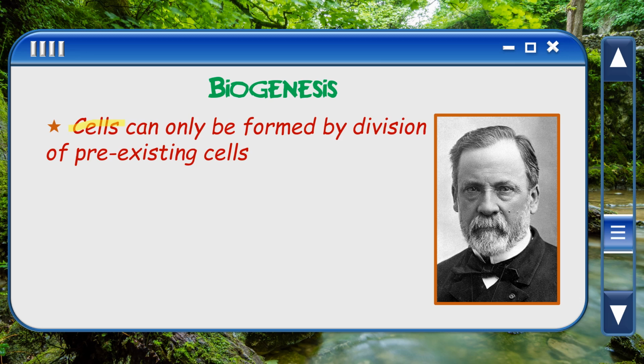Cells can only be formed by division of the pre-existing cells, meaning that a cell is going to come from another cell. You can't make a cell by using other conditions, they were saying.